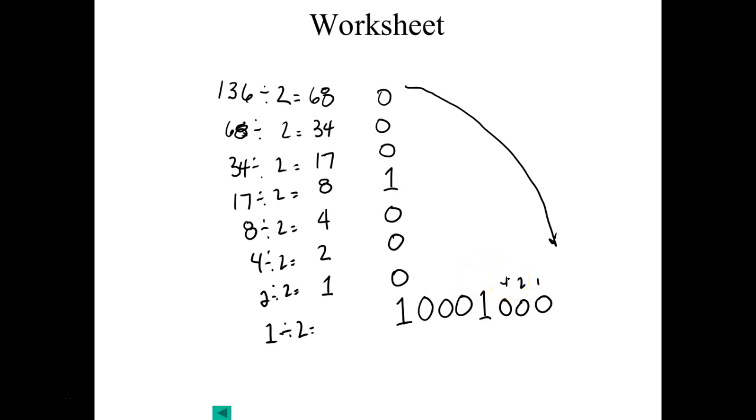You take your binary number and you convert it back to decimal, and you better come up with the same number that you started with, right? 8, 16, 32, 64, 128. So I'm going to take 128, and I'm going to add 8 to it, and that gives me 136, so that it worked out.